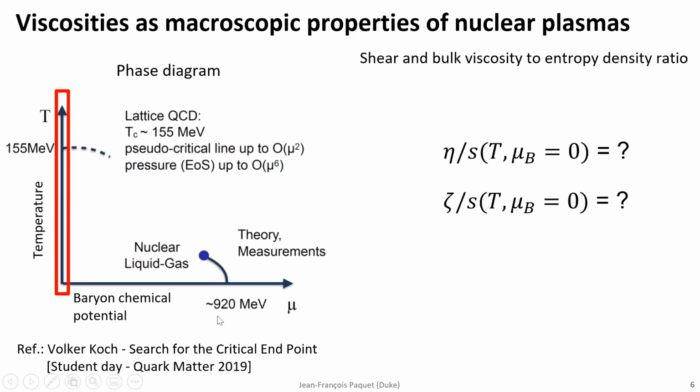zero baryon chemical potential here, which is in part because that's a region where we already understand the phase diagram quite well. So it makes sense to study the next near-equilibrium property, which is the viscosities. The other reason is that this is a region of the phase diagram that can be studied at mid-rapidity at RHIC and at the LHC.